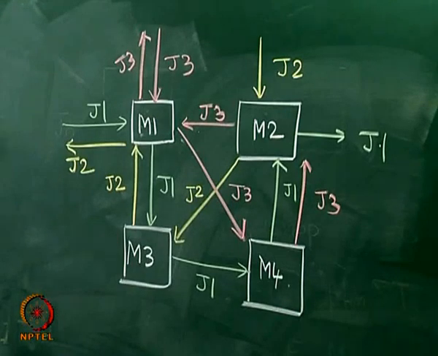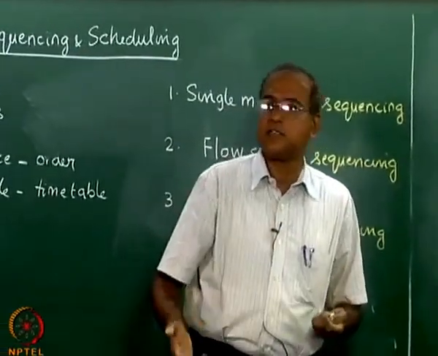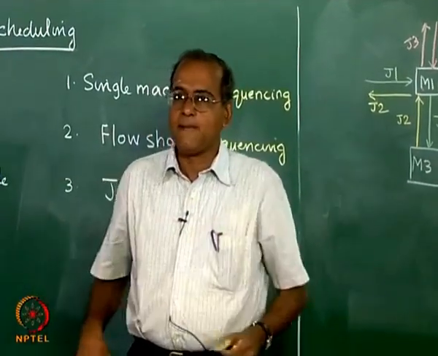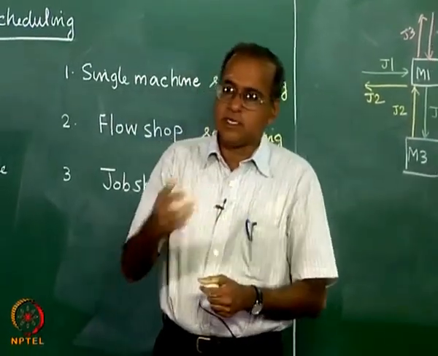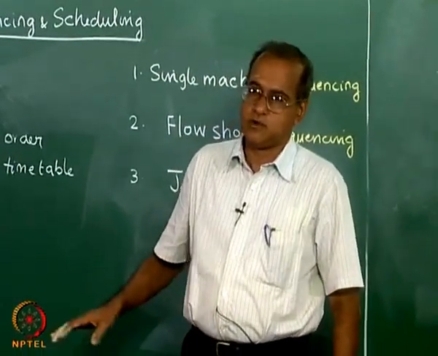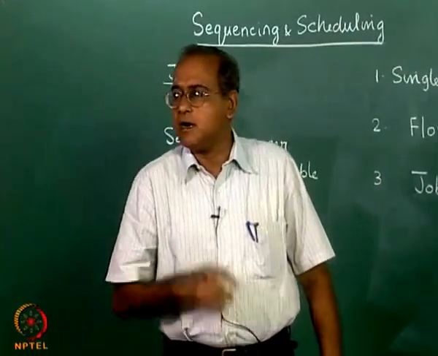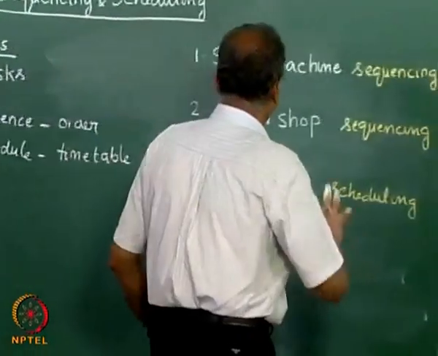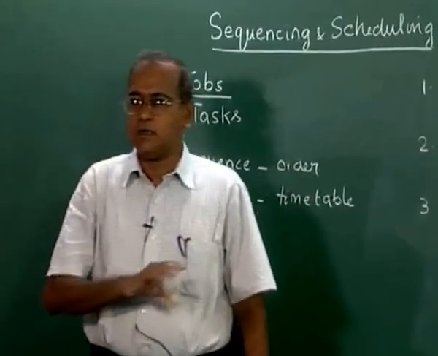So we have now described the three basic shops that we are going to see. As mentioned, there are other shops. There are things like an open shop where a job can be done on any machine that is available, and then it takes a certain time to do. Then I also mentioned flexible shops where you have parallel machines in a flow shop and so on. There are many other types of shops which people have studied over so many years, but as far as this lecture series is concerned, we would be looking at single machine, flow shop, and job shop.